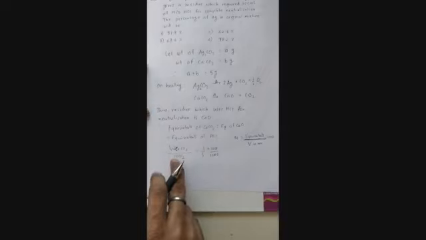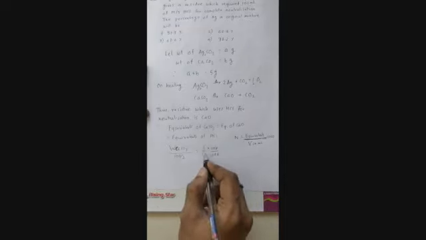So this will get cancelled, isn't it? Right. So you are left with 1/50 and here also there is 50, so it will get cancelled. This is 50 and this is 50, so everything gets cancelled, and then you have the weight of CaCO3, which you get as 1 gram.